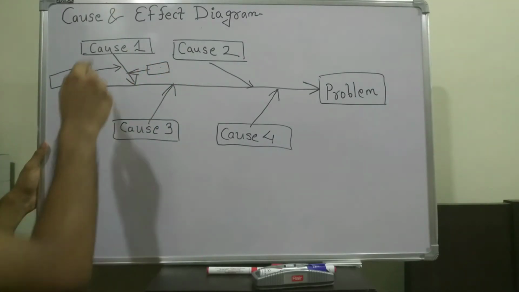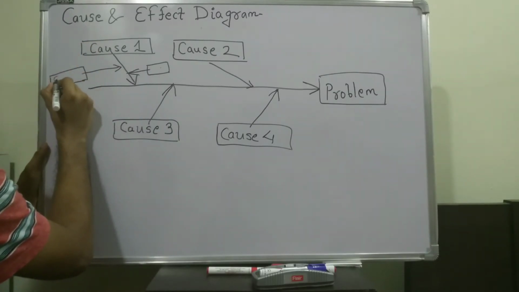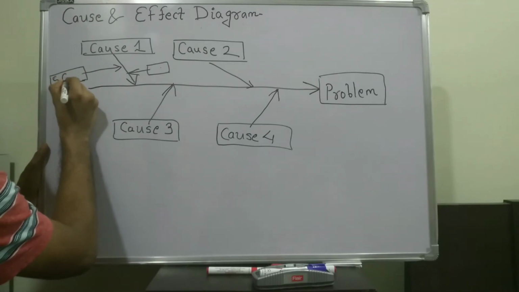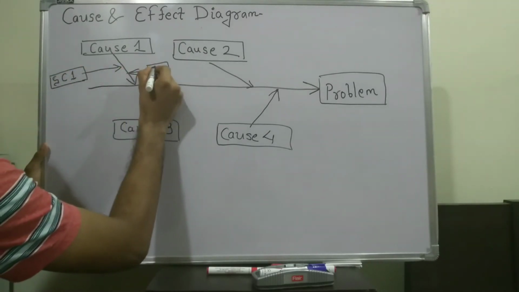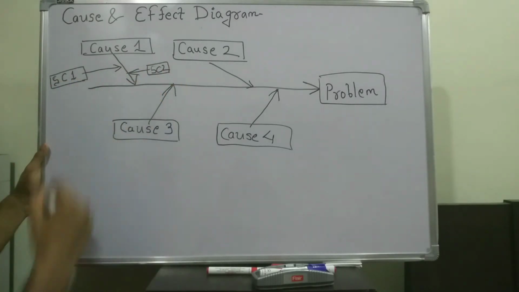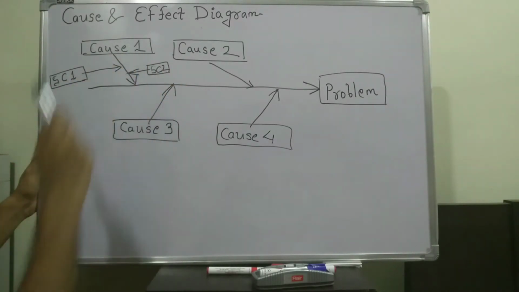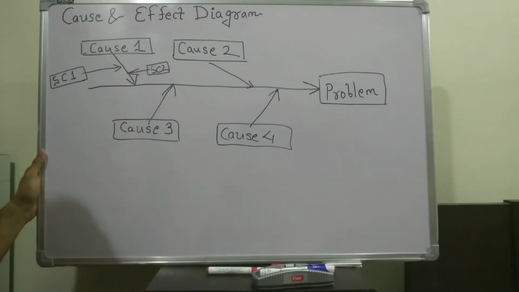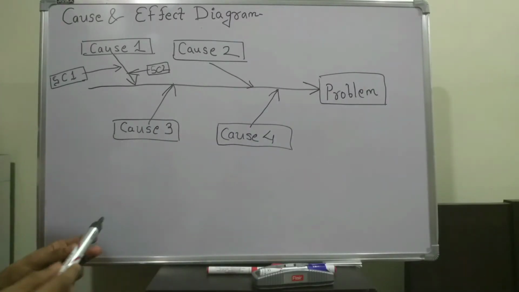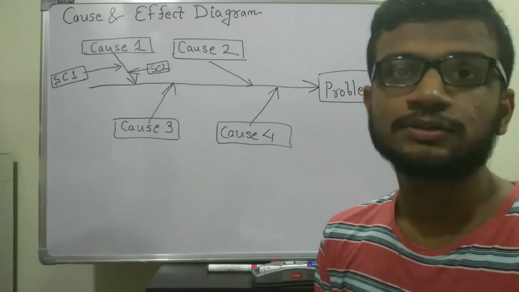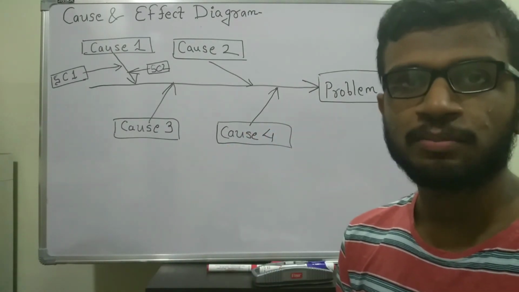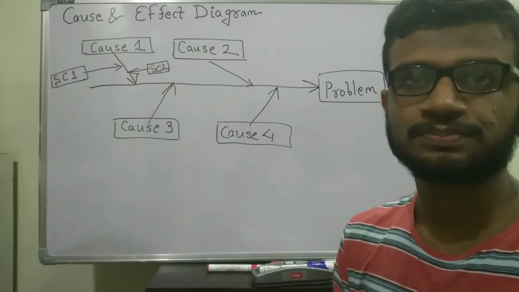So this cause 1, I'm writing, is the primary cause, then these are the secondary causes, SC1, secondary cause 1, SC2. So SC1 and SC2 are the secondary causes of this cause 1. And then similarly we can write the secondary causes for cause 2, cause 3 and cause 4. So this is how a cause and effect diagram looks. It is very much like the bones of a fish.